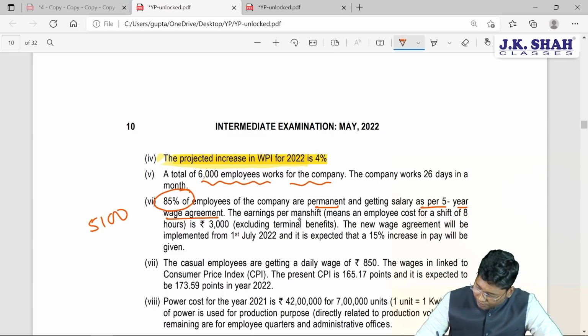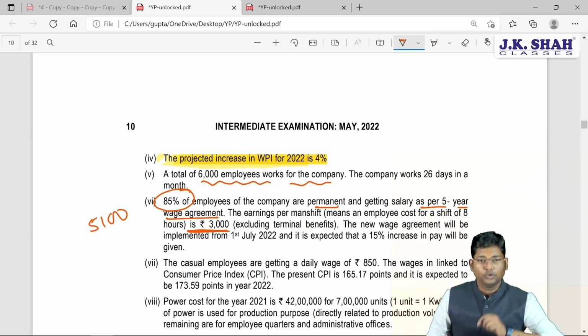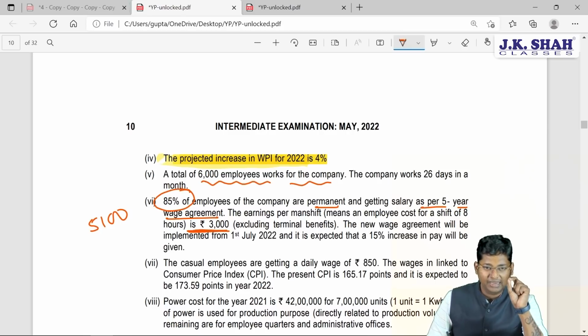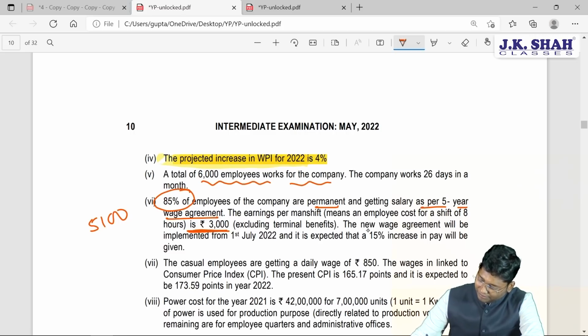The earning per man shift, meaning employee cost for a shift of 8 hours, is 3,000 rupees. So each employee for each day is getting 3,000 rupees excluding terminal benefits.